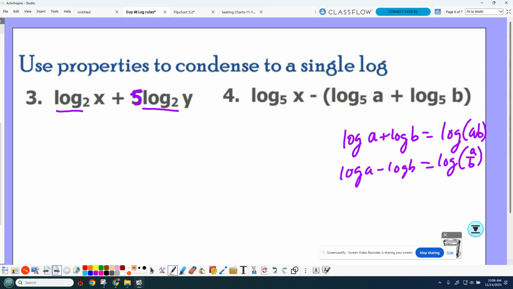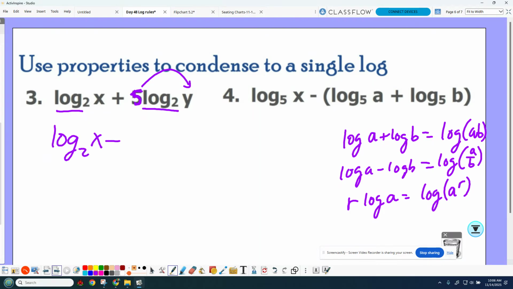And then the number out front came in as an exponent. So I'm going to pop that up here. Got to bring the exponent in first.